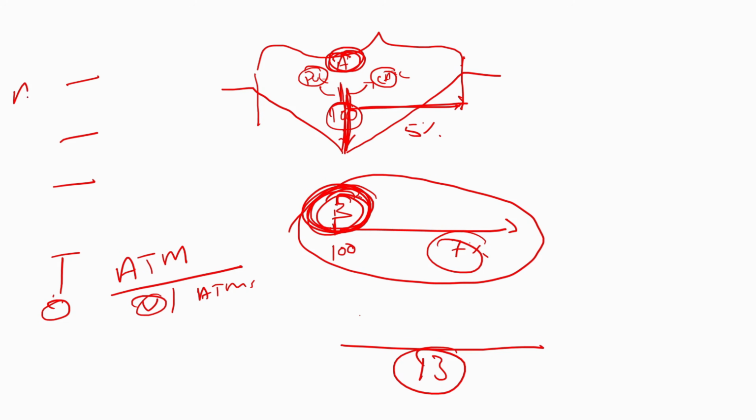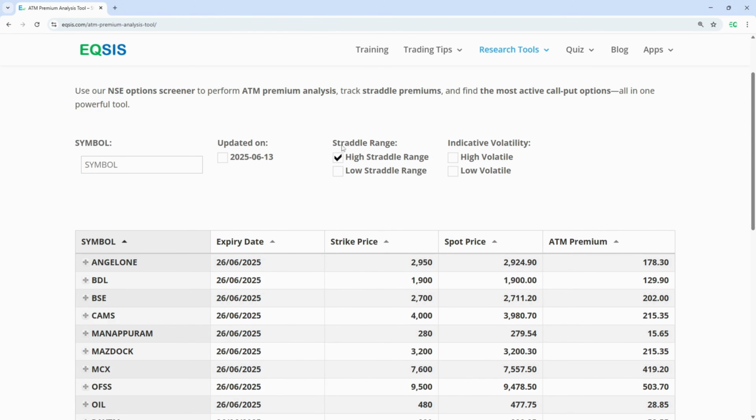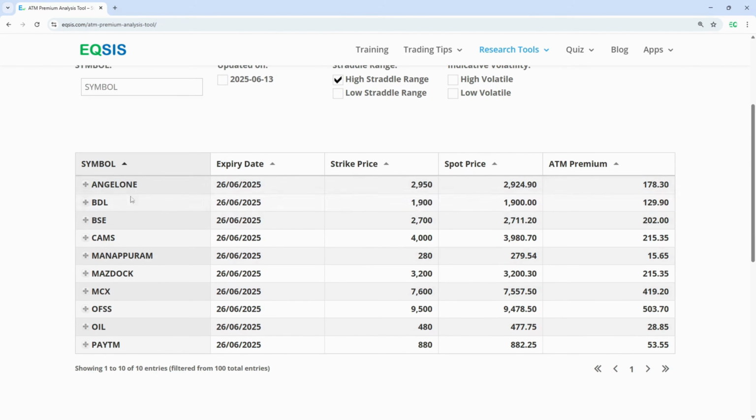So when you have A, B, C, D, we need to rank them based on which company got a high premium range compared to those with a low premium range. Similarly, in this table we have the high straddle range. It means these companies have a lot of at the money premium relative to their strike price, so a big movement is expected. Maybe that is the reason the premiums are high.